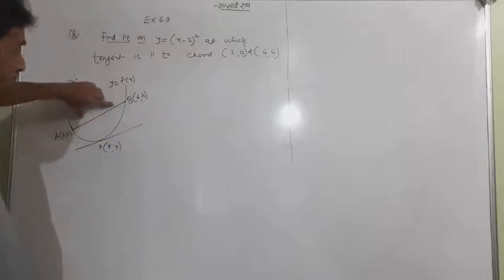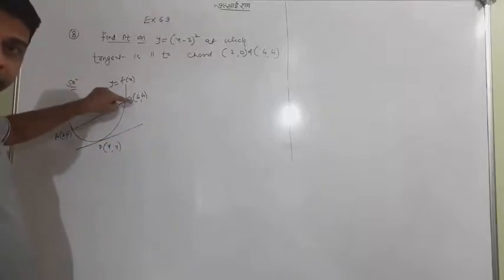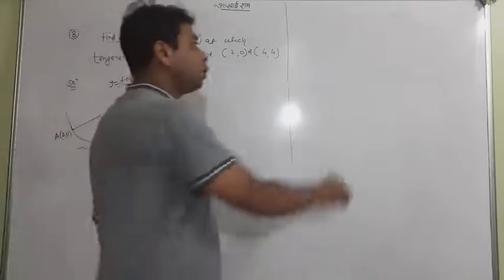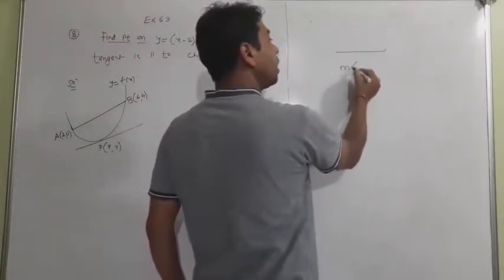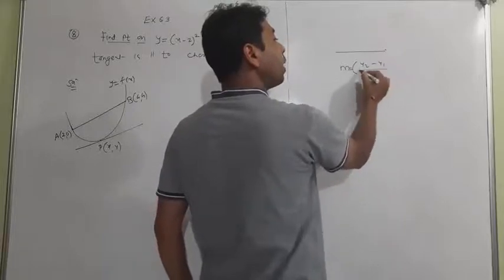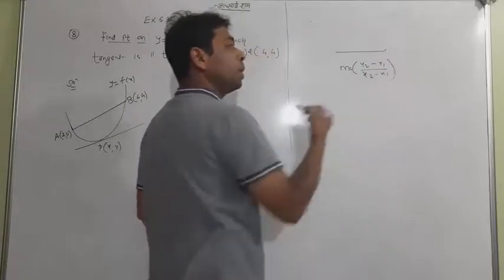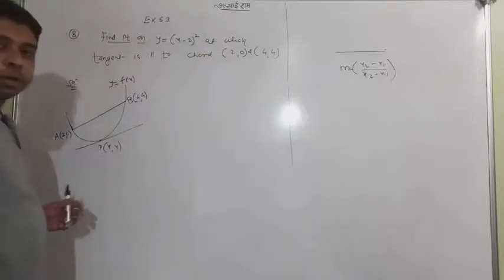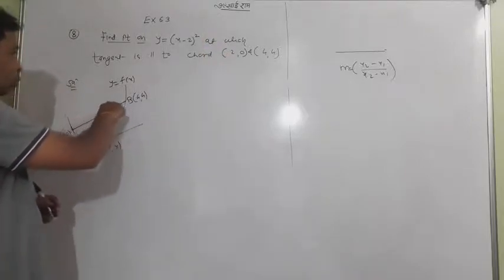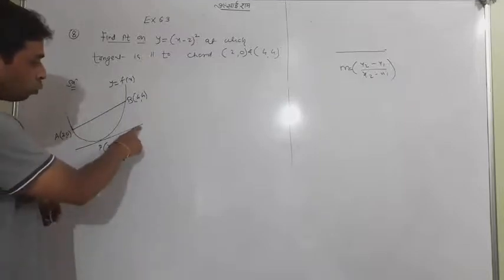What is the slope of AB? Two points are given. I taught you that whenever two points are given, the slope of the line joining is m equal to y2 minus y1 upon x2 minus x1, where it is x1, y1 and x2, y2. So I will find the slope of AB, which is equal to the slope of the tangent.